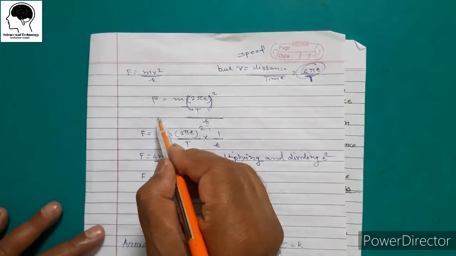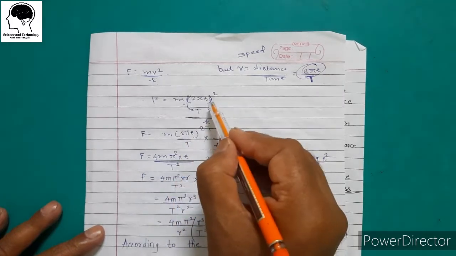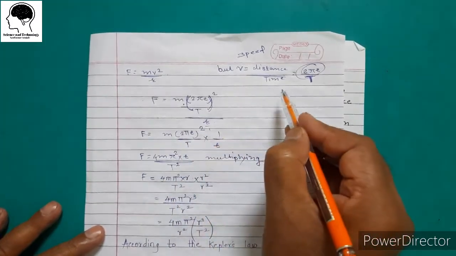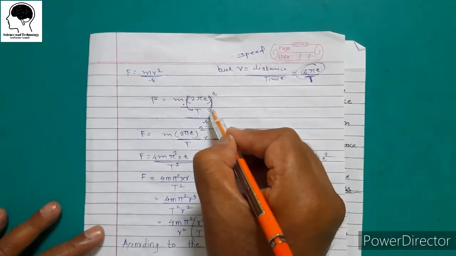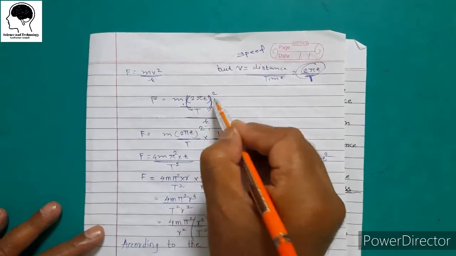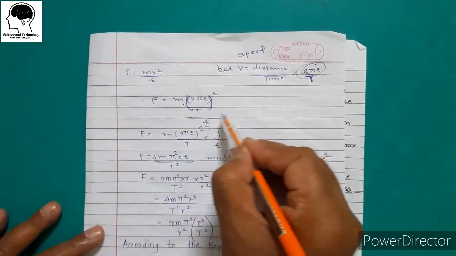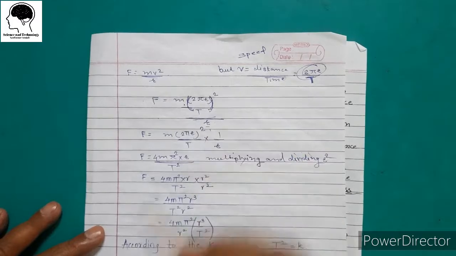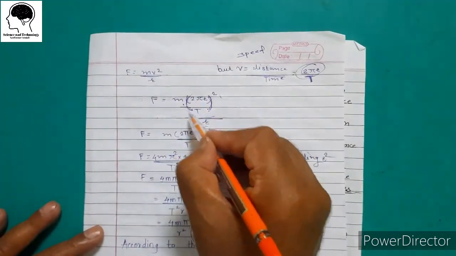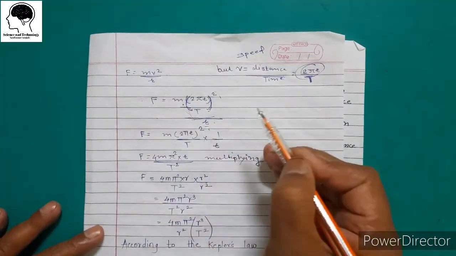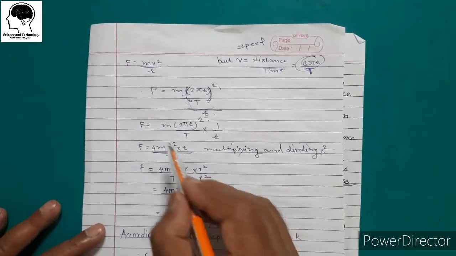So F is equal to m, the value of v square upon r. This value of v is distance upon time, and r is the radius, that means the distance from the sun of the revolving planets.